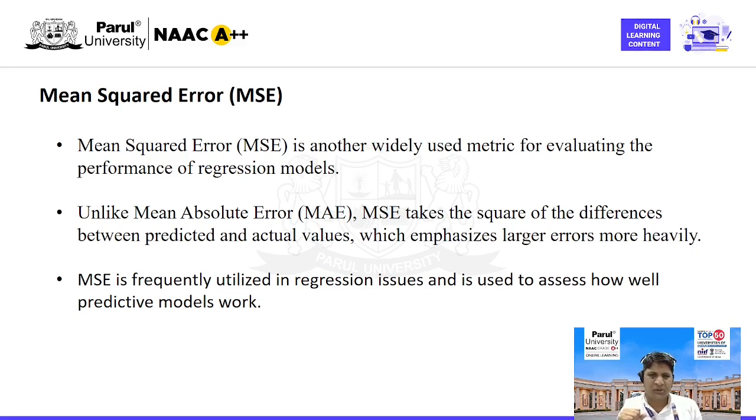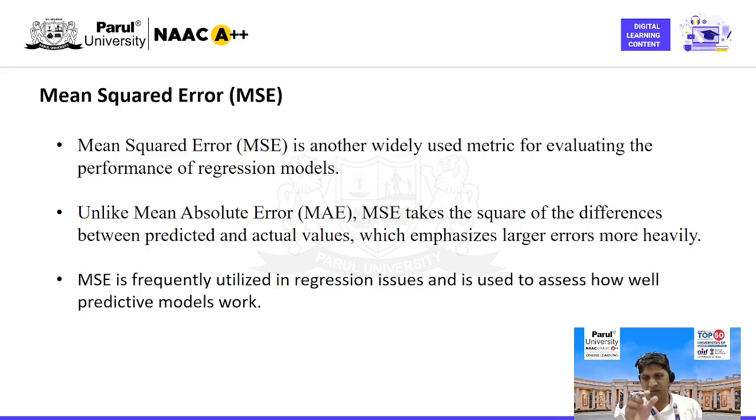Unlike mean absolute error, MSE takes the square of the difference between predicted and actual values. First, it calculates the difference between predicted and actual values, and then takes the square of the result, which emphasizes larger errors more heavily.